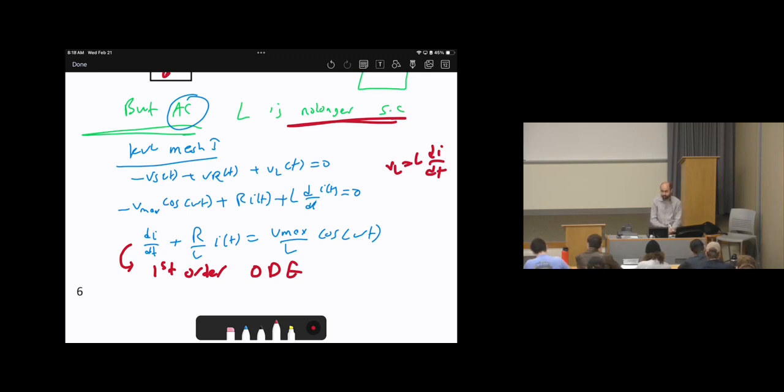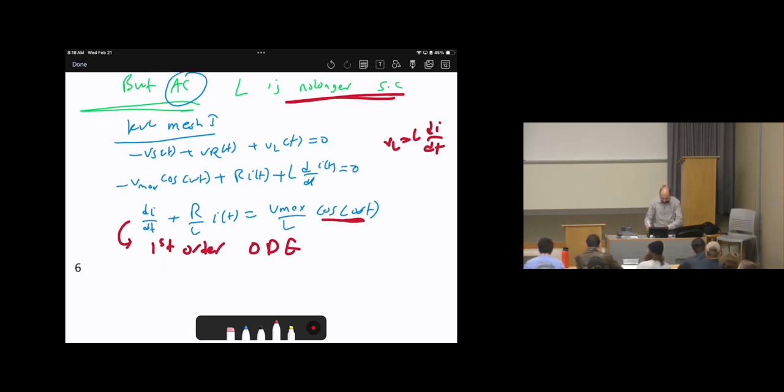How can I solve this? How can I find the current? Solve this differential equation. Keep in mind that cosine omega t makes it more complicated because it's not constant. There will be a homogeneous solution, a particular solution, then you need to find the overall answer.